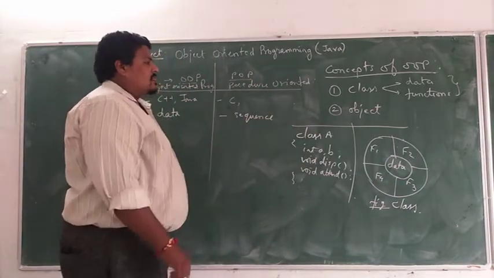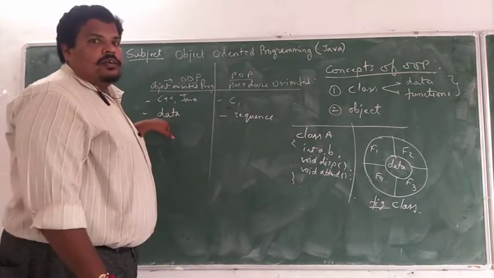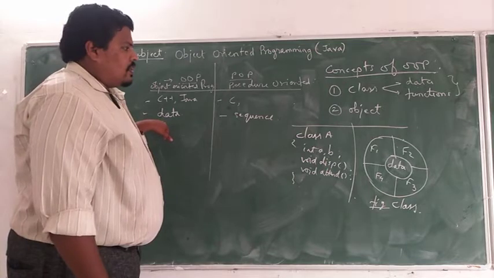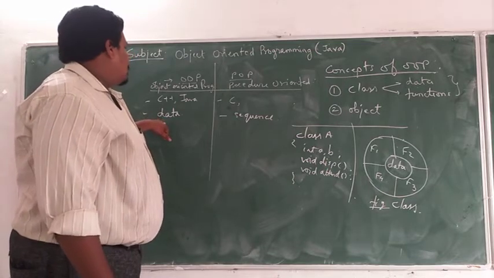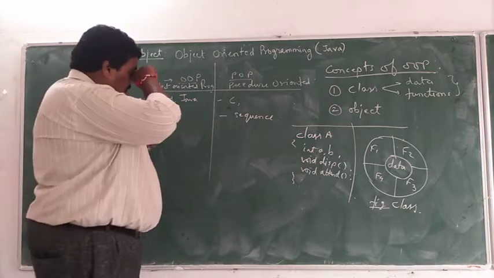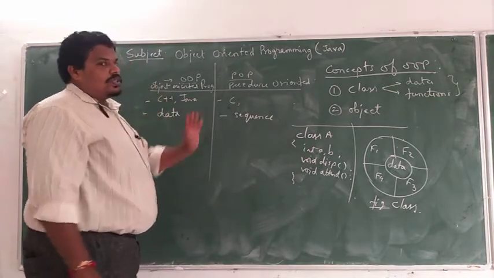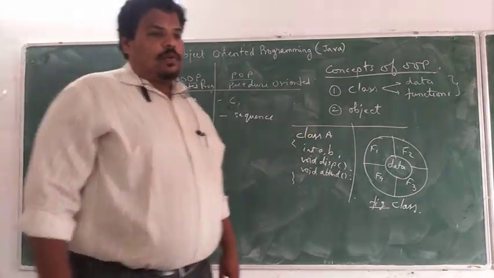Such is the case of the object-oriented programming approach. Clear? So data and sequence are the factors which distinguish between the object-oriented programming approach and the procedure-oriented programming approach.